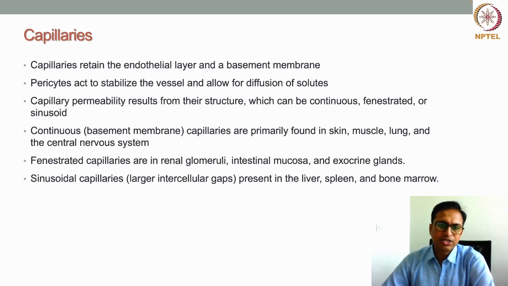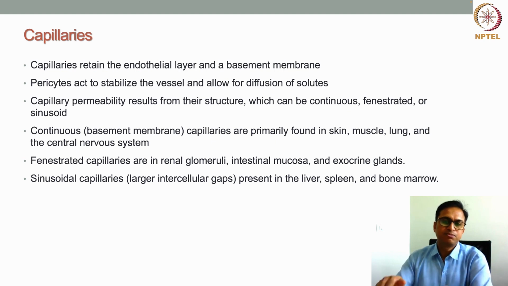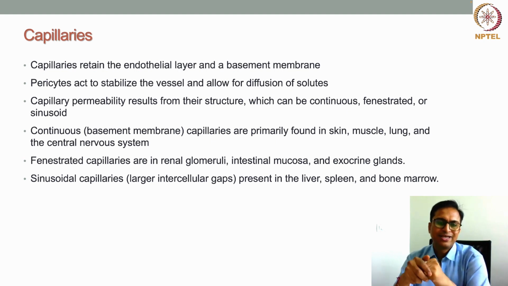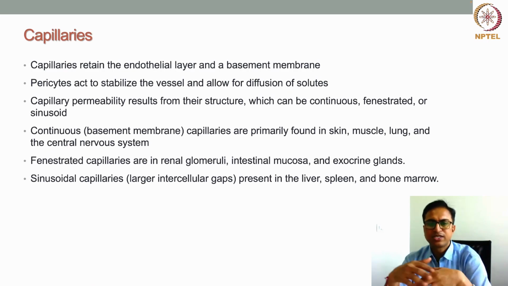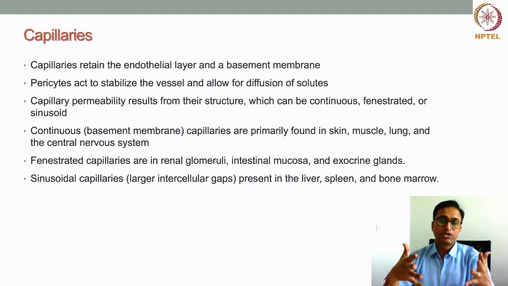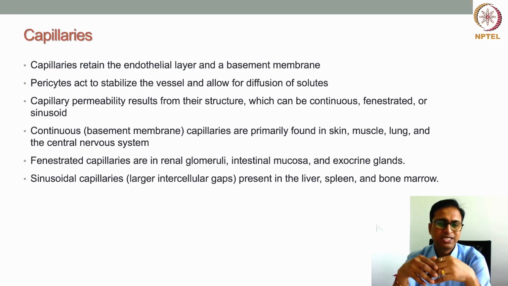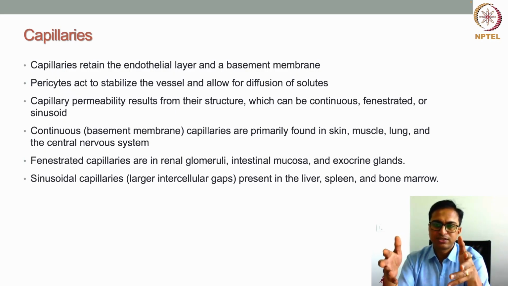In continuous capillaries the basement membrane is mostly continuous. They are present in skin, muscle, lung, and the central nervous system. Please remember this: when the basement membrane is intact, it modulates the diffusion of solutes to the surrounding tissue or cells.